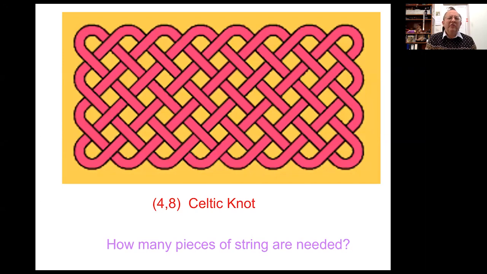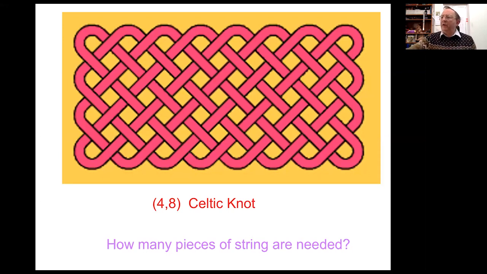So here is a grid where we have 4 horizontal lines and 8 vertical lines, producing what I would then call a 4-8 Celtic knot. And if you look at how many pieces of string are needed for that one, you find quite simply that the number of pieces of string you require is rather bigger. In this case, it is actually 4.